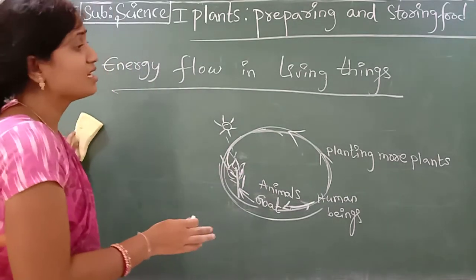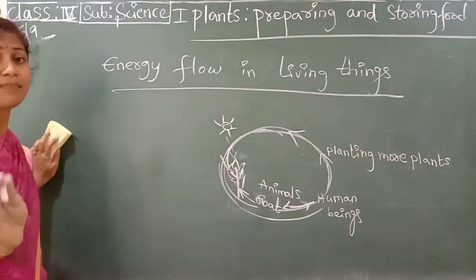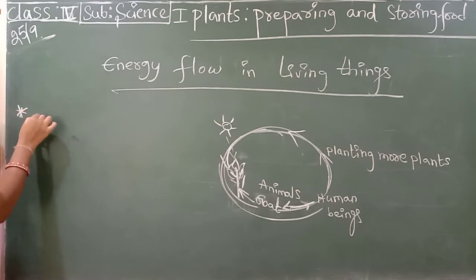Okay, children, understand? Animals and plants depend on each other. Next topic, animals and human beings.